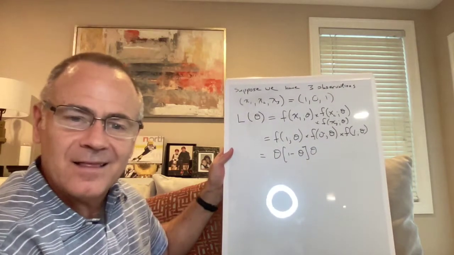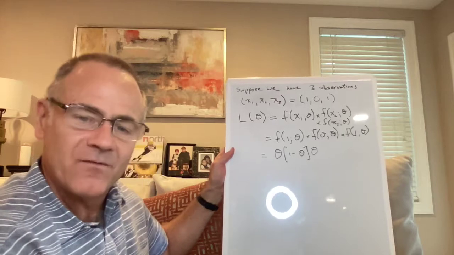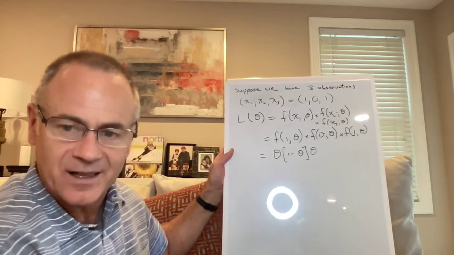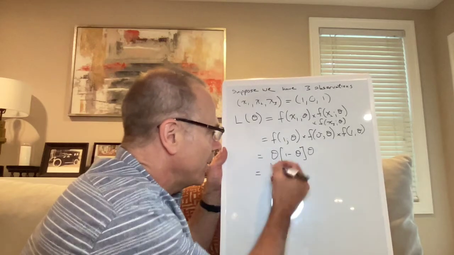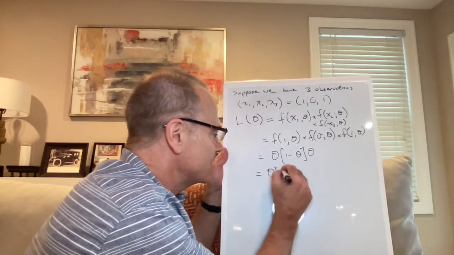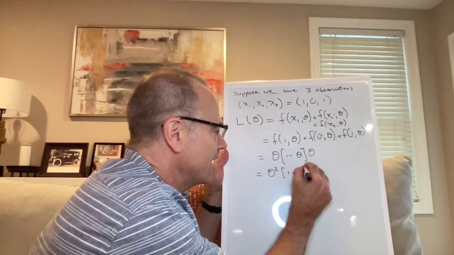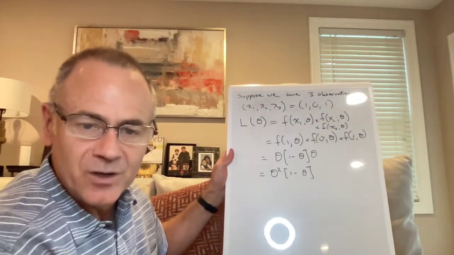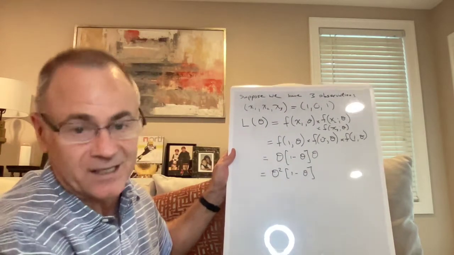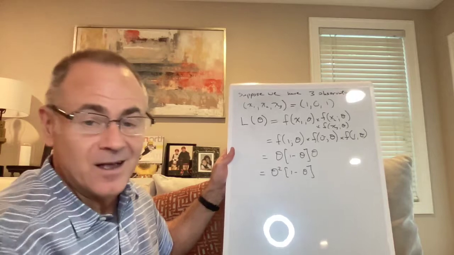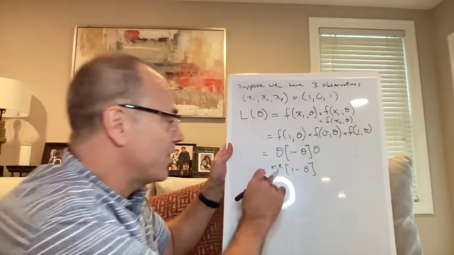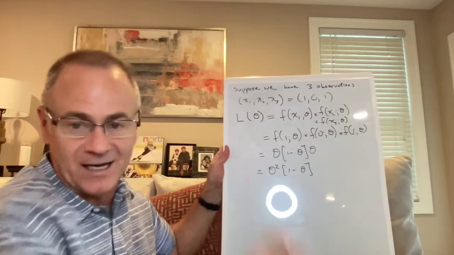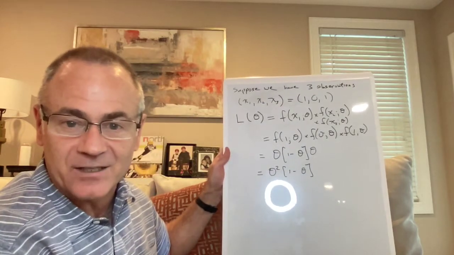Let me foreshadow what we will be doing in this class. We can rewrite this as theta squared times 1 minus theta. We're going to use calculus. There are good properties when we pick the theta that maximizes this likelihood function.